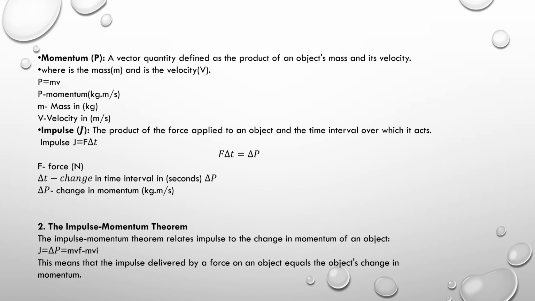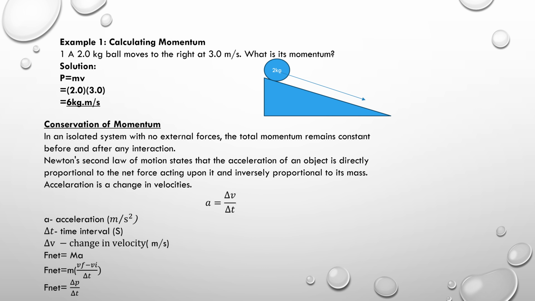The change in momentum is equal to mass times final velocity minus mass times initial velocity. This means that the impulse, the force on an object over time, is equal to the object's change in momentum.